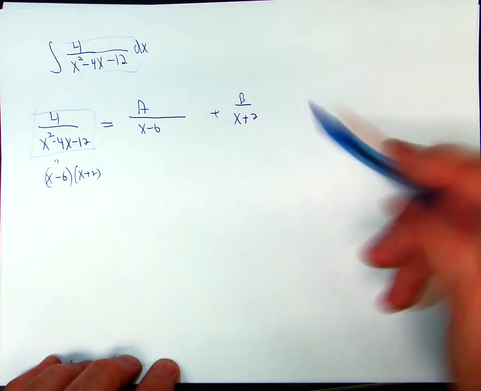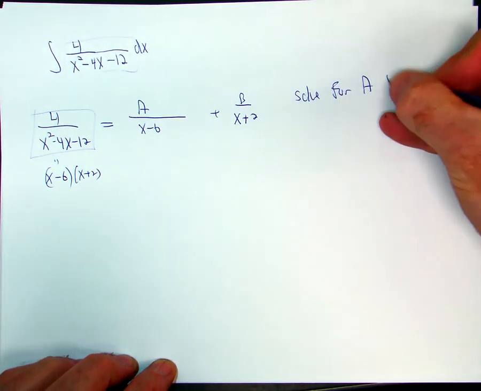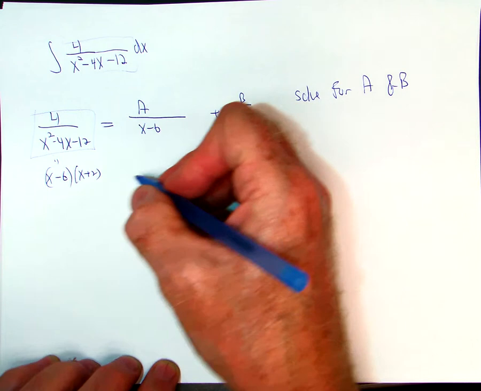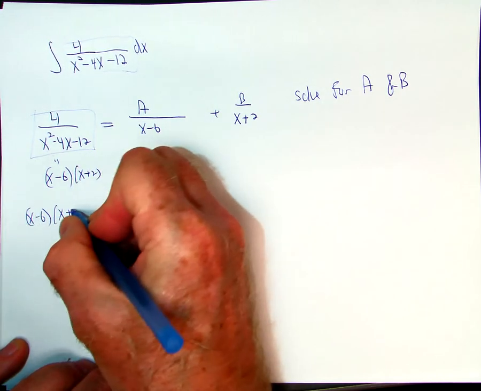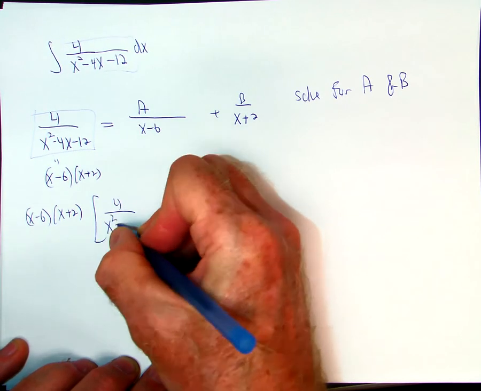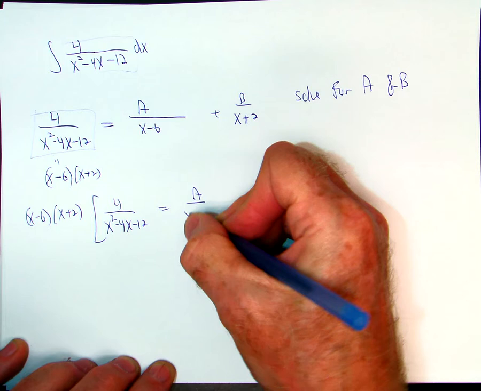Okay, and now I need to solve for A and B. So basically what I do next is I multiply both sides by the common denominator.